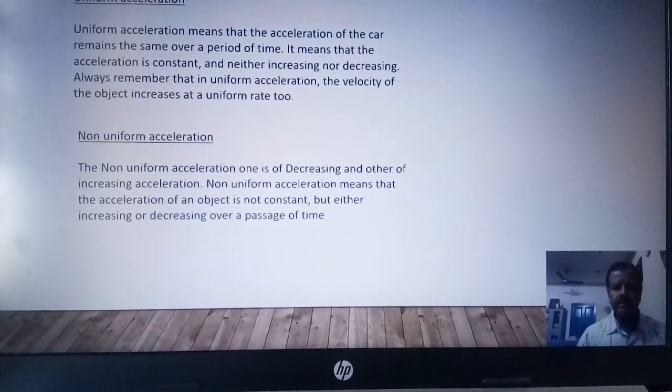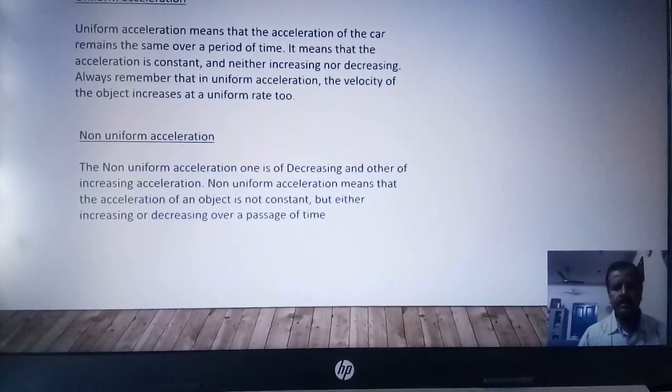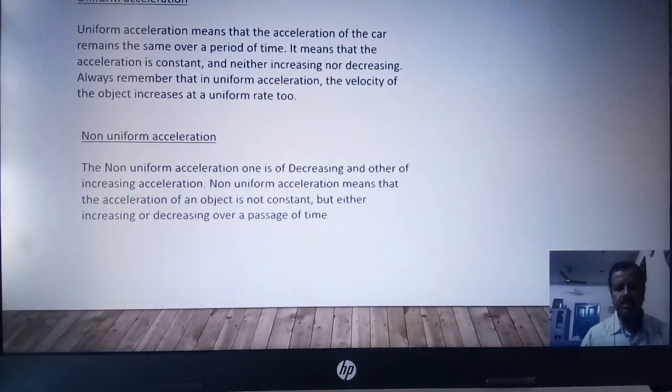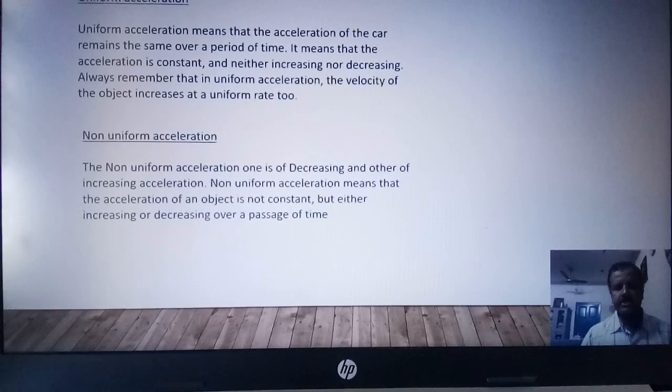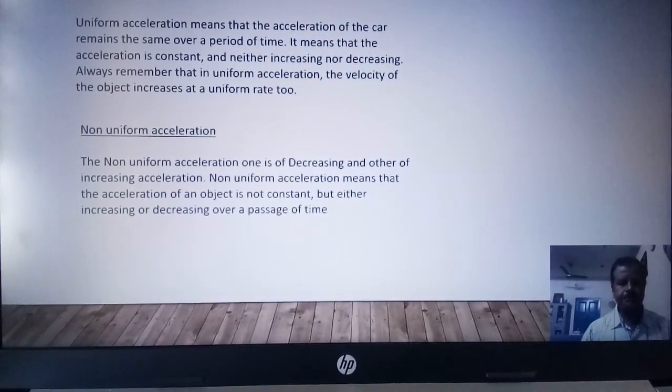The body may be either increasing its velocity equally or decreasing its velocity equally in equal intervals of time, then it is said to have uniform acceleration. It means it will be having constant acceleration in a single direction. Acceleration is also a vector quantity.